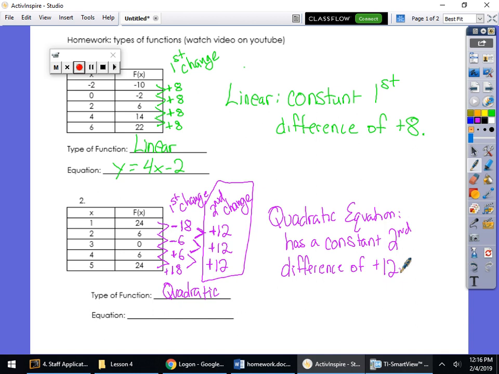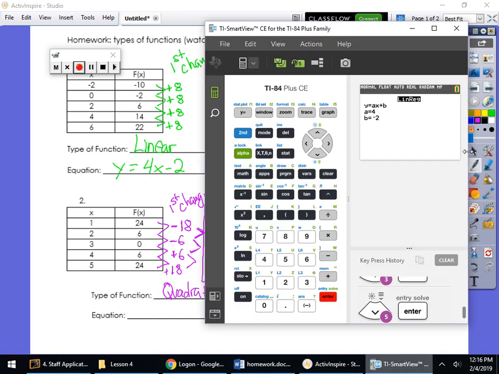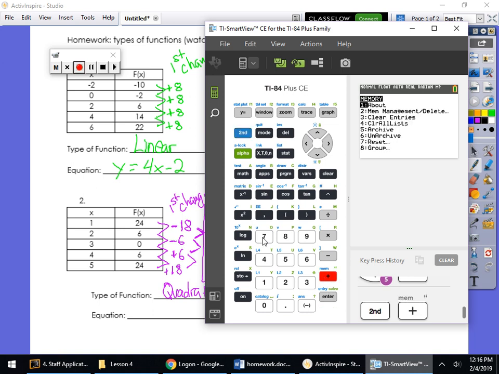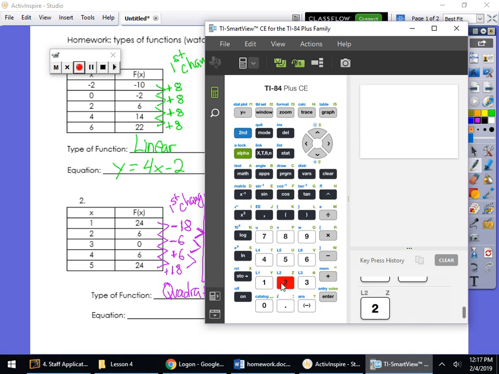Once again, to get the equation, we're going to do the same steps. I'm going to clear out my memory. Second plus 7, 1, 2. We cleared out the memory, and we go back to stat and edit.